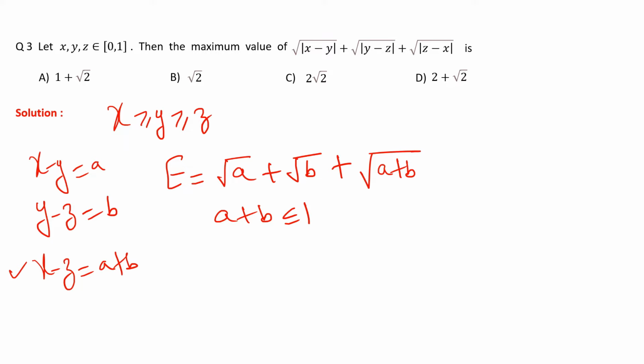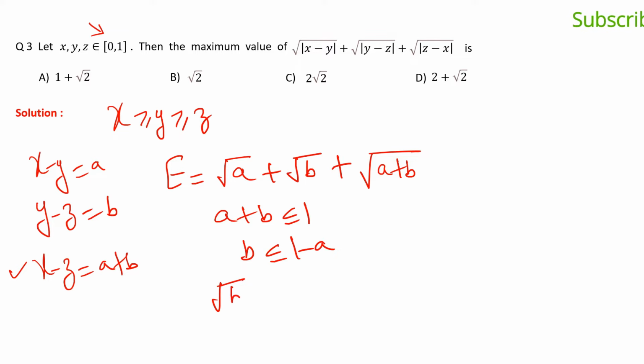Because a represents the distance between x and y on the real number line, and b represents the distance between y and z on the real number line. And obviously, since these three numbers x, y, z are falling in this particular interval, x minus z, which is the gap between x and z, cannot be more than 1. That means a plus b has to be smaller than or equal to 1. Fine. So that means b is less than or equal to 1 minus a.